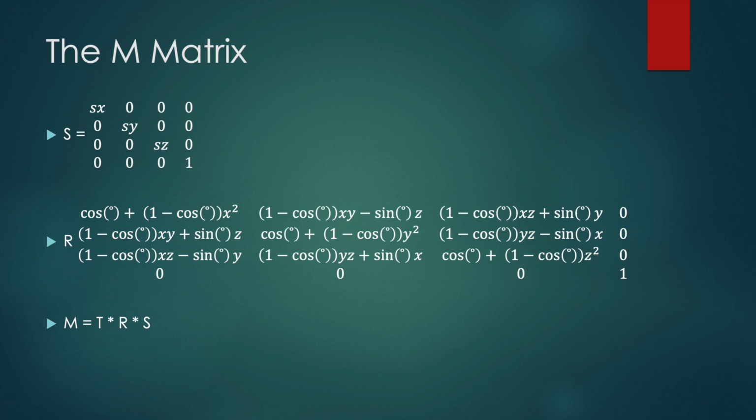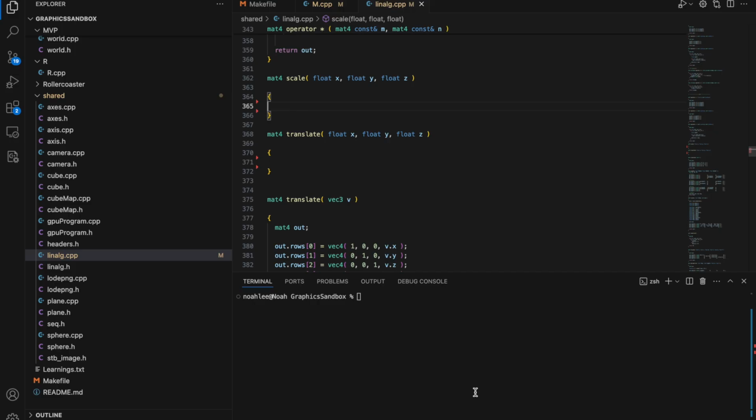So here you see M is T times R times S, or in whichever order you require for your model to world transformation.